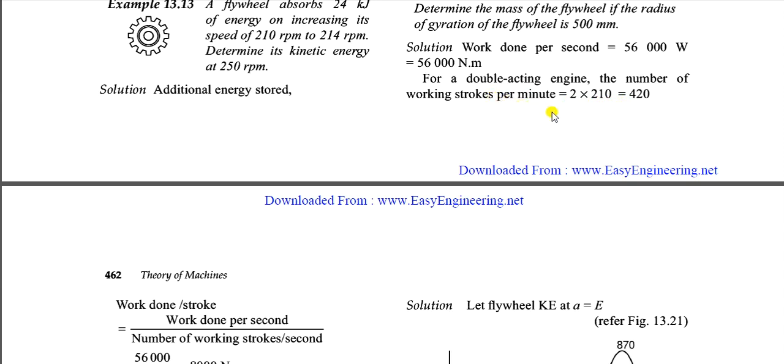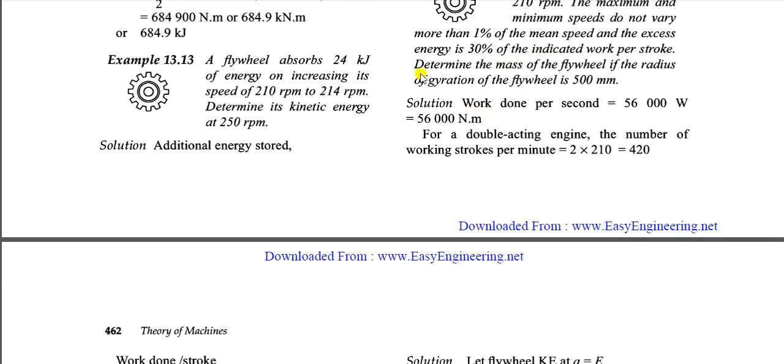Because in one revolution there are 2 strokes, in 1 minute there will be 210 into 2 strokes. Here you have to find strokes per minute, because to get that energy you have to calculate work done per stroke.